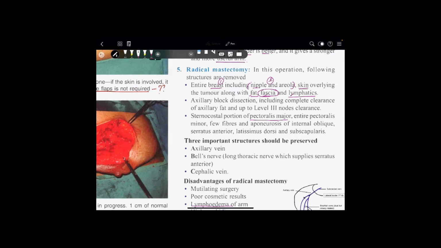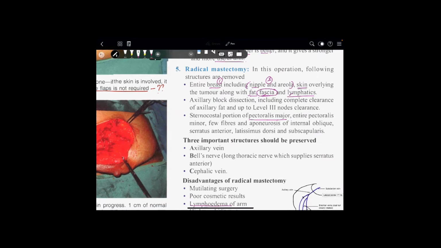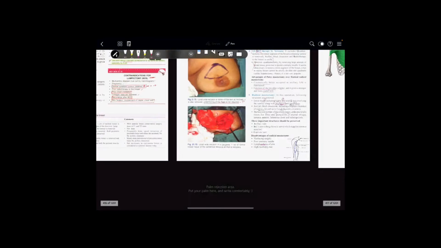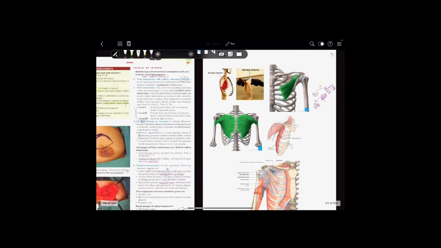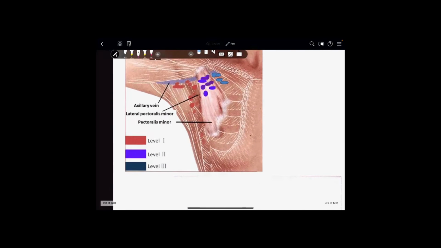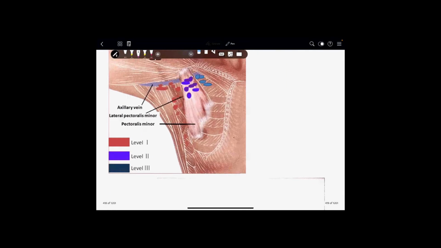So, axillary block dissection includes complete clearance of axillary fat and up to level 3 nodes clearance. Okay, I'll show you a diagram for this. Level 1 is here. This is the pectoralis minor, and here is the axillary vein.